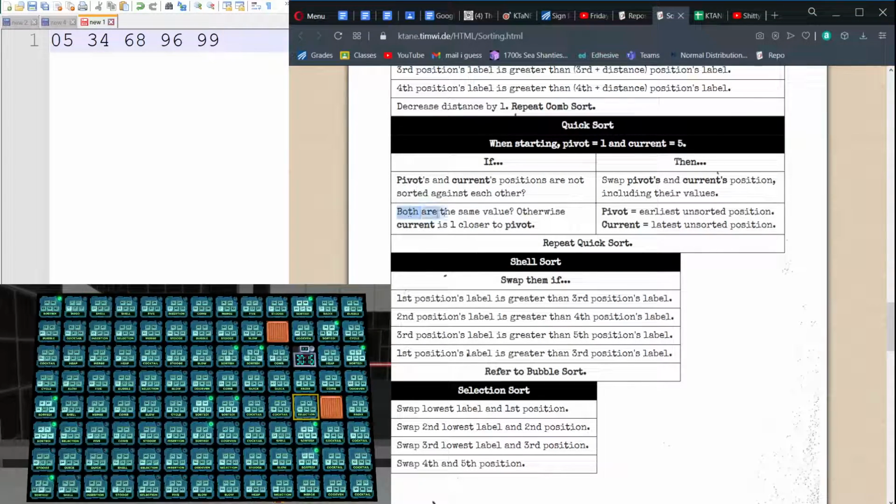There's this one clause in Quicksort that says if both of them are the same value, then the pivot equals the earliest unsorted position, and the current is the latest unsorted position. But I'm not entirely sure what that means in terms of when you would actually get that situation to happen.